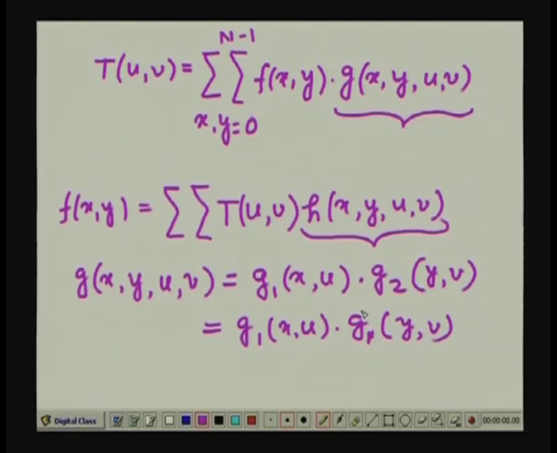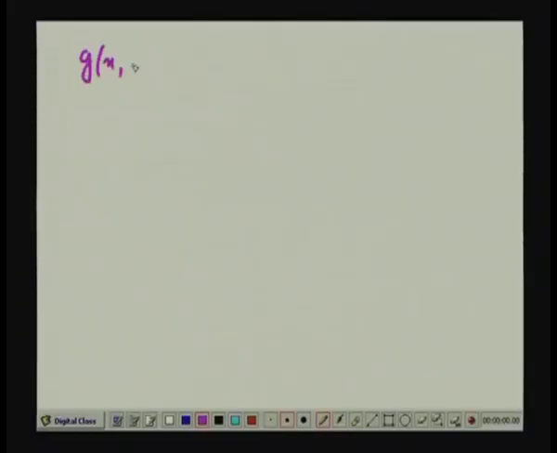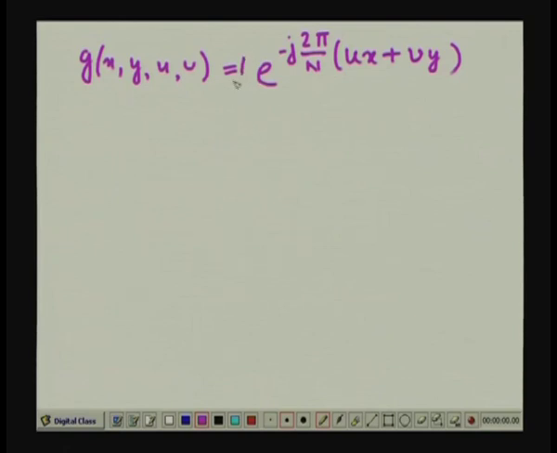Now, for a two-dimensional discrete Fourier transformation we had g(x,y,u,v) of this form: e to the power minus j 2 pi by capital N into (ux plus vy), and of course, we had this multiplicative term 1 upon capital N. So, this was the forward transformation kernel in case of the two-dimensional discrete Fourier transform or 2D DFT.